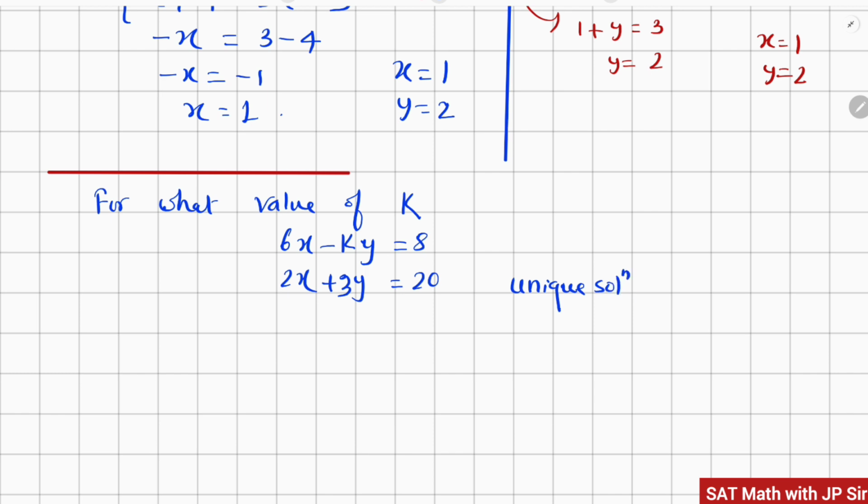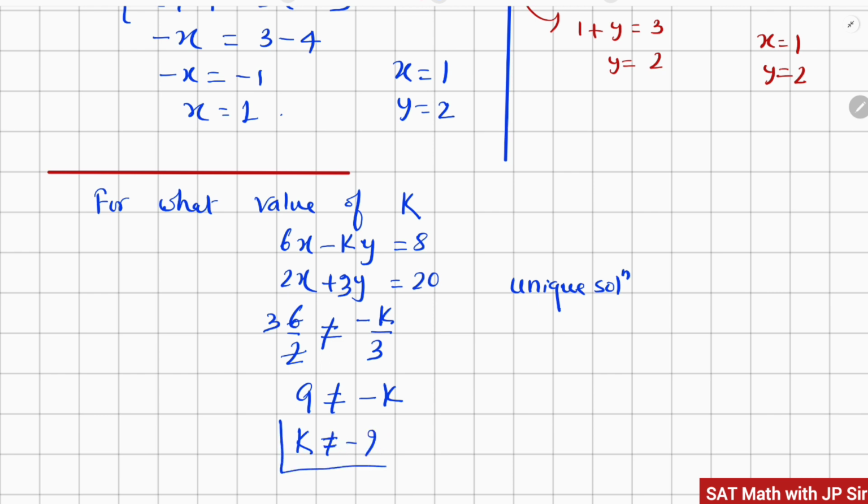Unique solution. So you know that for a unique solution, the ratio of coefficients of x should not be equal to the ratio of coefficients of y. We can cancel this. If you cross multiply, this is 9 minus k, and what do we get? k is not equal to minus 9.